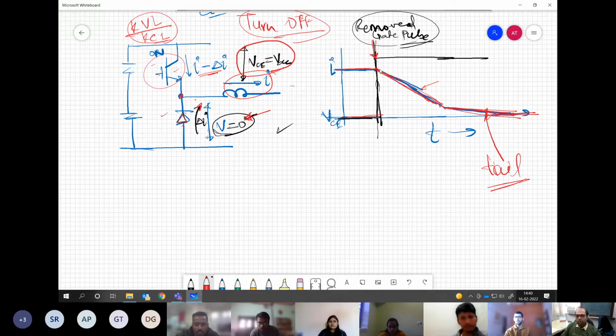So this is how the turn off characteristic of IGBT would look like. The voltage may see a very sharp, very steep rise, and the current would fall progressively.